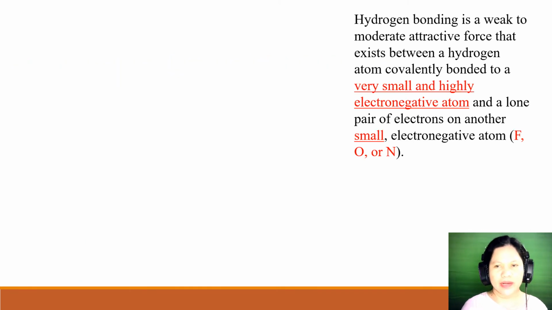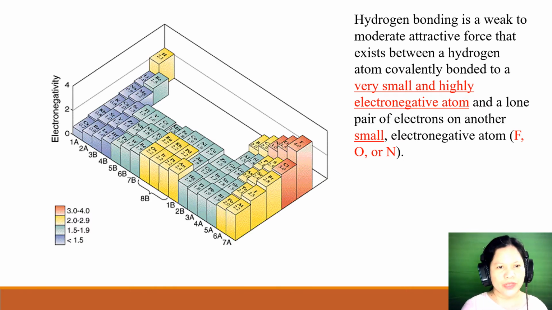We say that hydrogen bonding is a weak to moderate attractive force that exists between a hydrogen atom covalently bonded to a highly electronegative atom, and a lone pair of electrons in another small electronegative atom of fluorine, oxygen, or nitrogen.